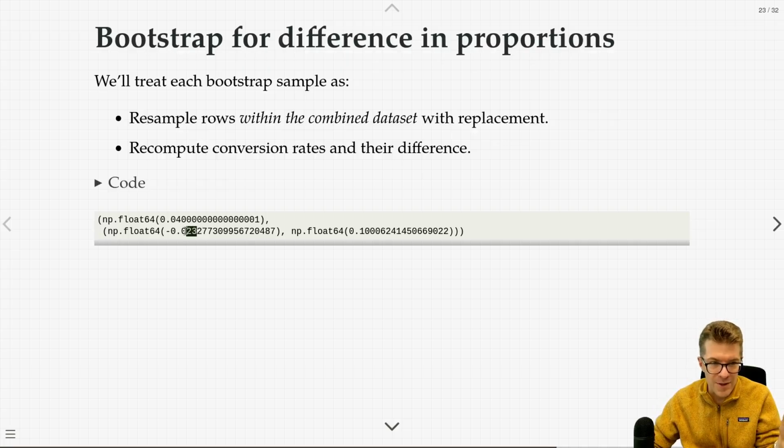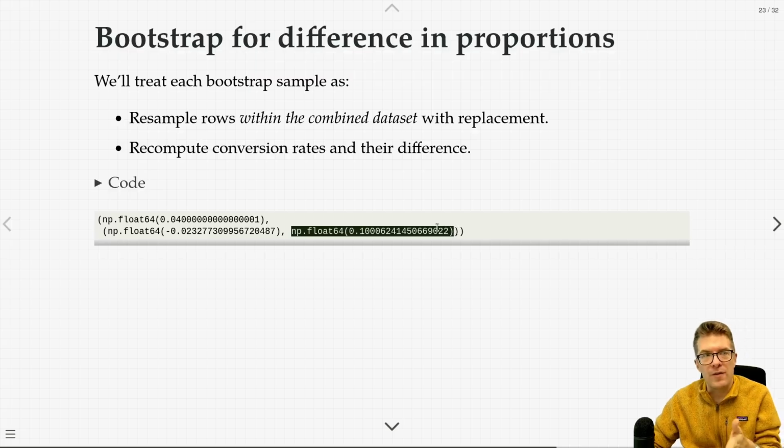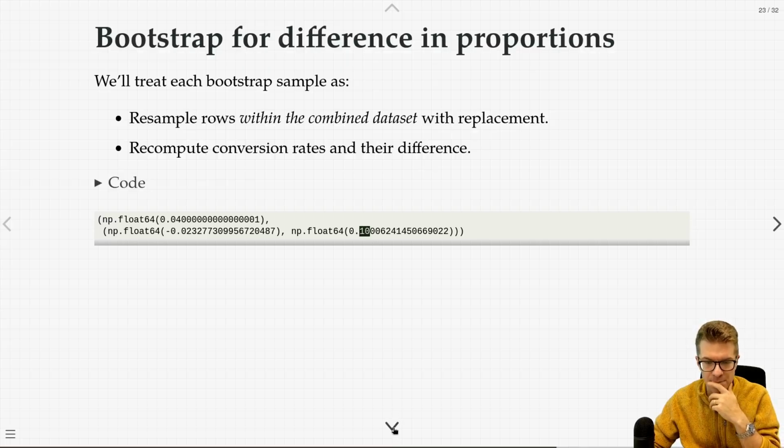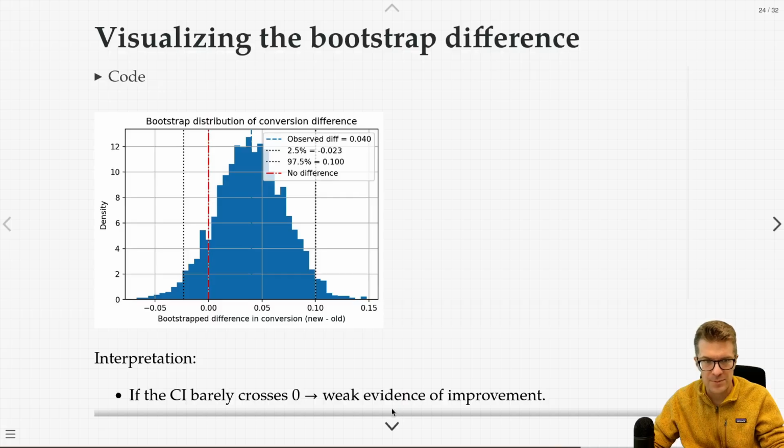People prefer the old page over the new one, which is why it's negative. And on the high end, so 97.5% of the time, there's up to a 10% difference. So the 97.5 percentile is 10%. Click-through rate is better on the new page than the old page.